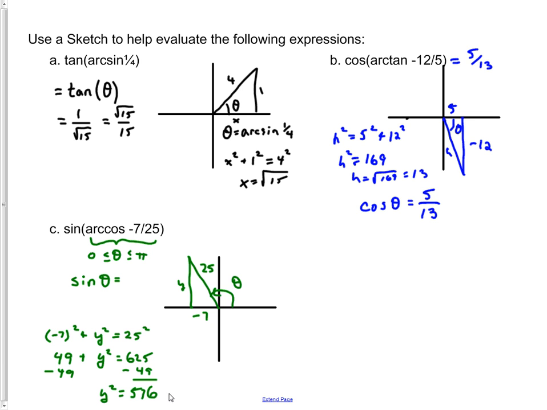Aha, another perfect square. 576 happens to be the square of 24. All right, so that means y is equal to 24. And so if we wanted to take the ratio of opposite to hypotenuse, that would mean 24 over 25. And so the sine of the arc cosine of negative 7/25 is the positive number 24/25.